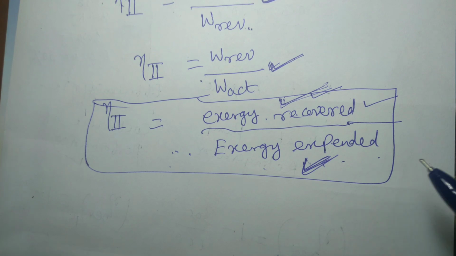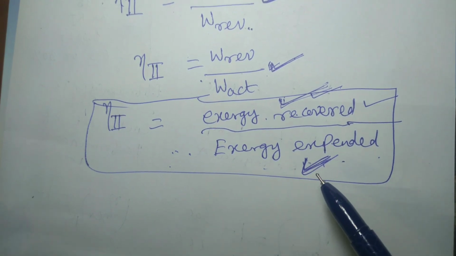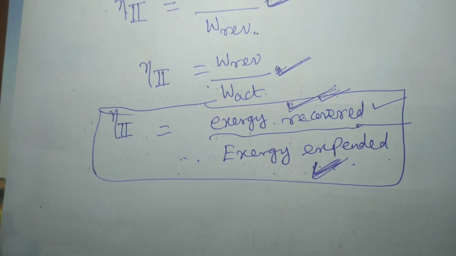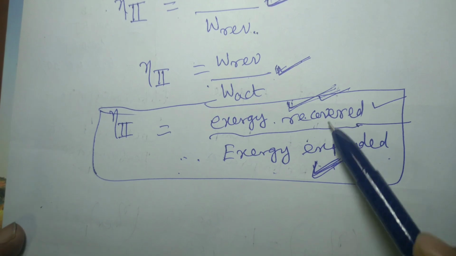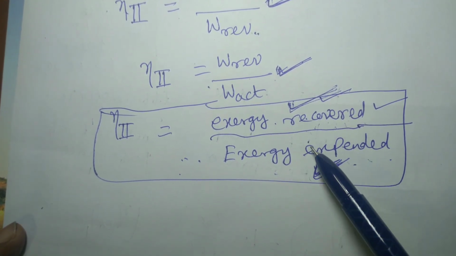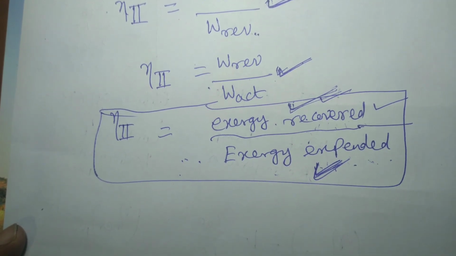What happens in a heat exchanger? Neither work is produced nor work is consumed. But when two fluids exchange heat with each other, exergy is lost by the hot fluid and exergy is gained by the cold fluid. In that case, we will calculate these two things: exergy recovered and exergy expended. Exergy is expended by the hot fluid and exergy is gained by the cold fluid.